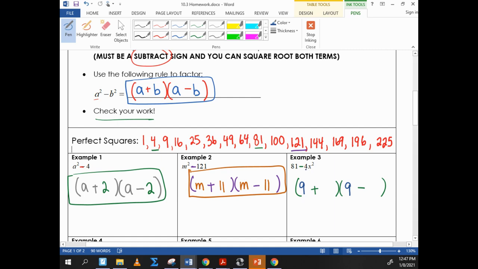All right, for these terms that have numbers and letters, you've got to have a number and a letter in your term. So do them one at a time though. What's the square root of 4? Well, it's 2. 2 times 2. And then what's the square root of x squared? Well, it tells me what they squared, so it's just x right there. So you got that 9 plus 2x and 9 subtract 2x.